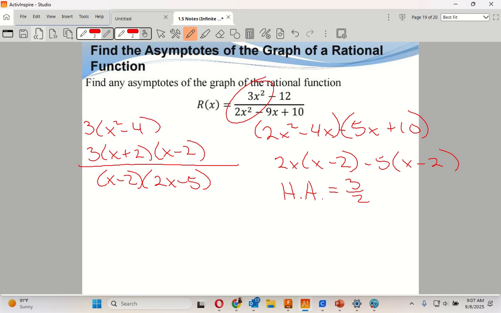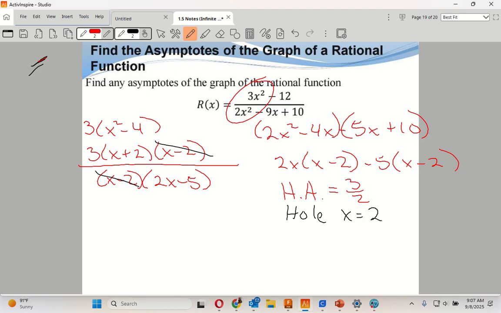All right, do I have a vertical asymptote? Yes. Do I have 2 of them? No. Why? Because they cancel out. And if it cancels, it gives me a hole where? Very good.